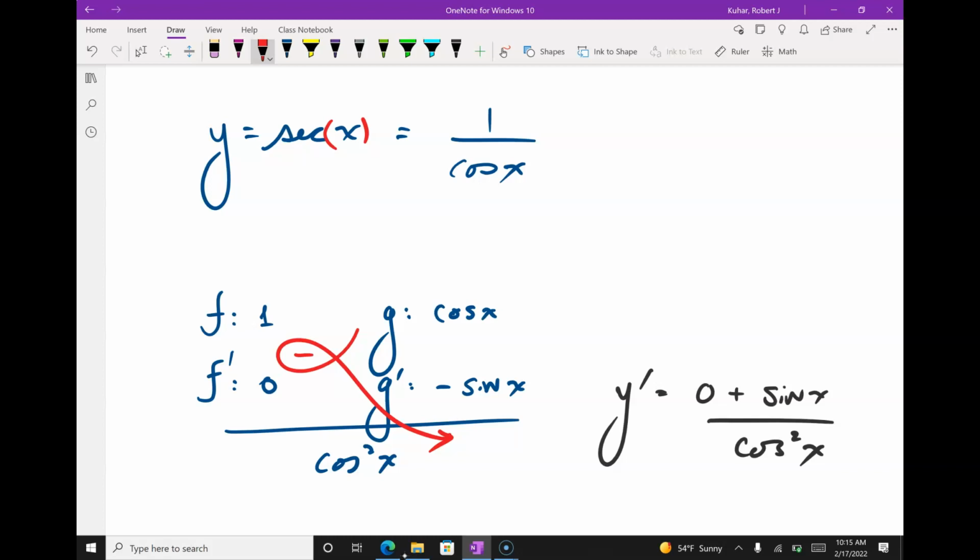In fact, we have been doing the chain rule all along. You just don't realize it. Chain rule says take the derivative of the outside function, evaluate it at the inside function, and then multiply that by the derivative of the inside function. But that piece has been left out because when you multiply by 1, you don't change anything, right?